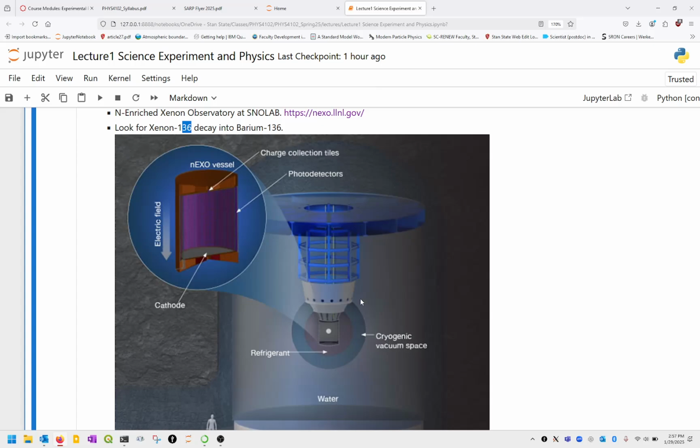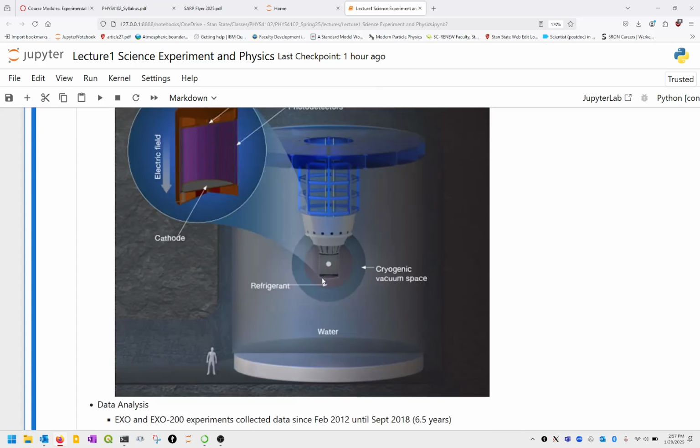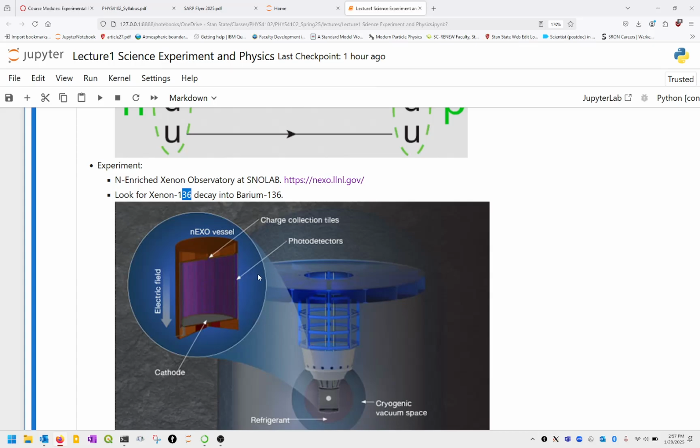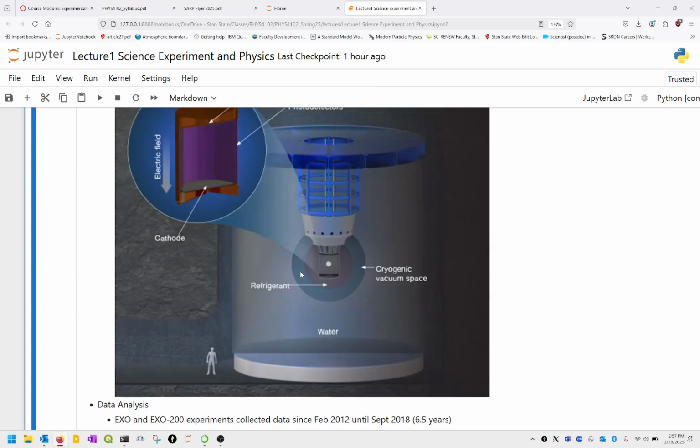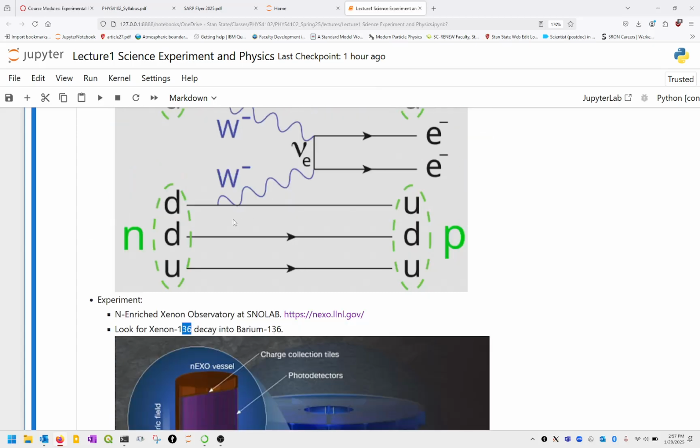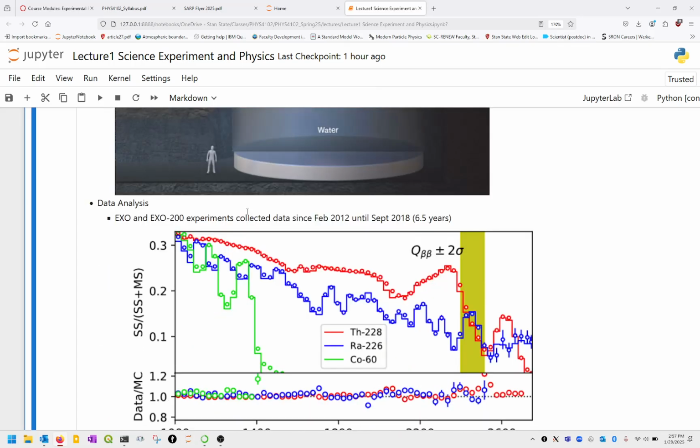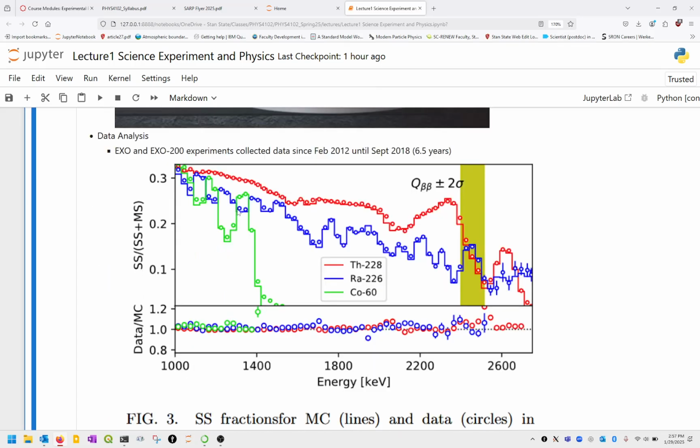Okay. Anyway, so you set up an experiment. In order to figure out if this hypothesis is true or not, you set up an experiment, right? And then once you have the experiment set up, you analyze the data. This is a data analysis plot where they're trying to figure out how much energy is coming out of these two electrons that are coming out.